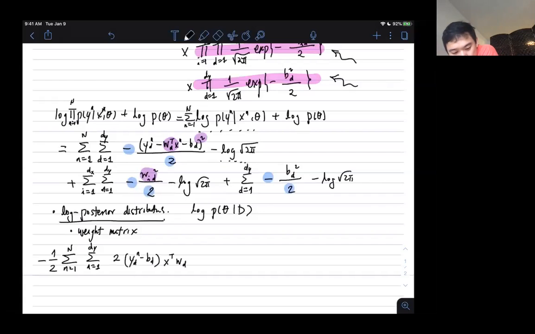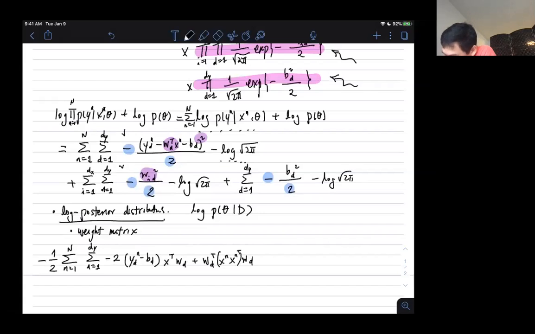And then there's going to be a negative here. And then what I have is plus wd transpose xn xn transpose wd. That's from the square term, right? So this is what I get from this first term.